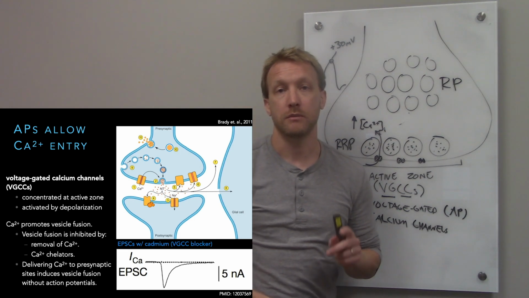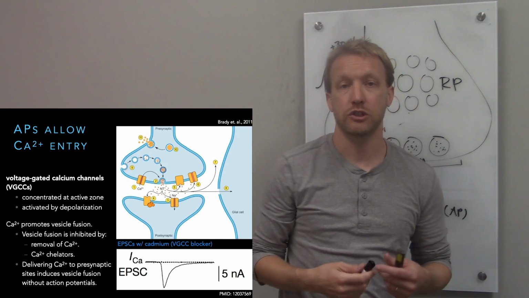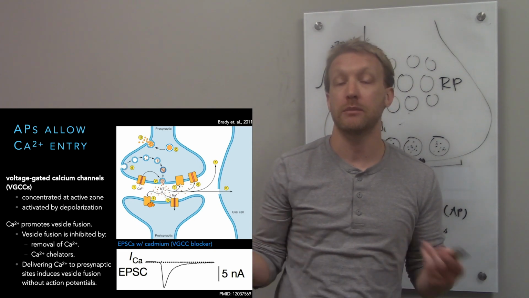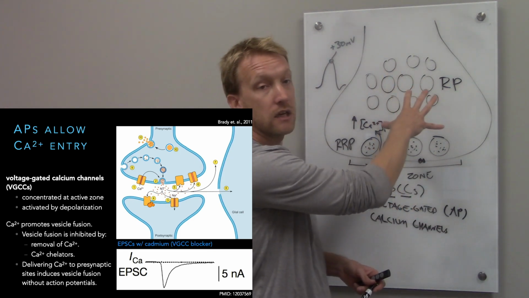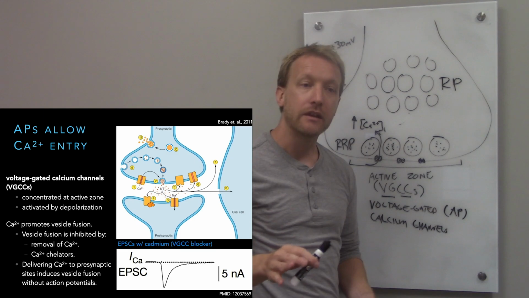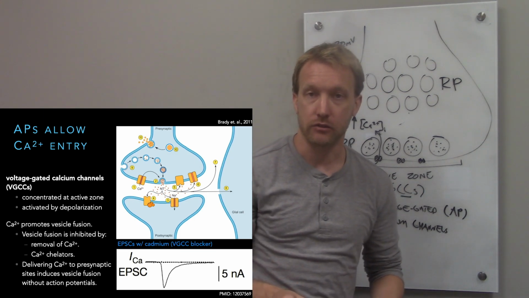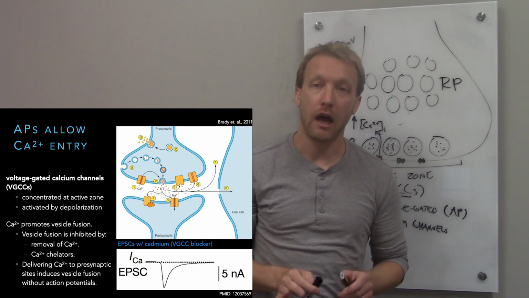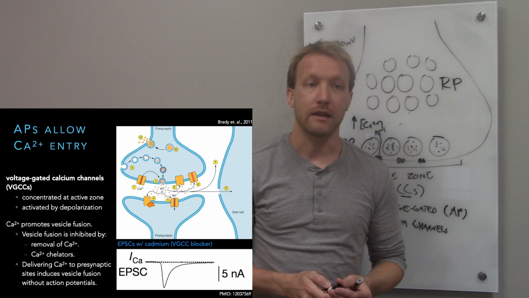Calcium is critical, and we can see that on the bottom in these data. So have a look at this. What it's showing you is the excitatory postsynaptic current generated by stimulating a bunch of axons and recording it from a postsynaptic cell. That dotted line there is not the reference line. That's showing you the size of the excitatory postsynaptic currents if you block voltage-gated calcium channels, in this case with cadmium.